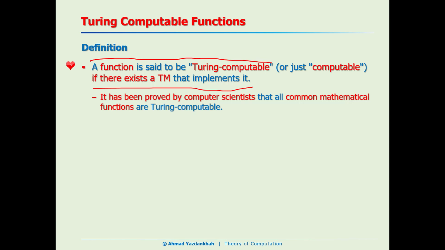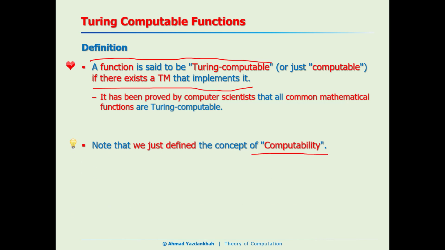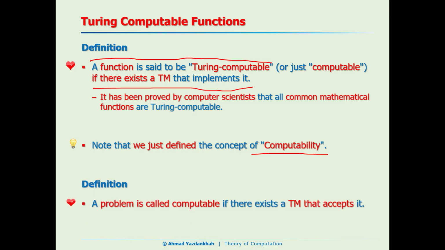Just note that we just defined the concept of computability. What does it mean? It means that a problem is called computable if there exists a Turing machine for accepting that. And just remember that all problems can be encoded to formal languages.